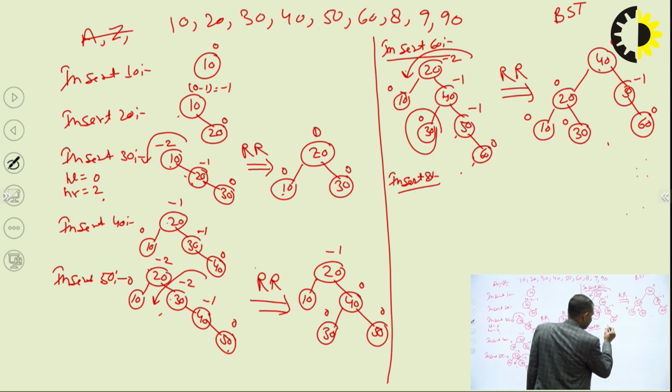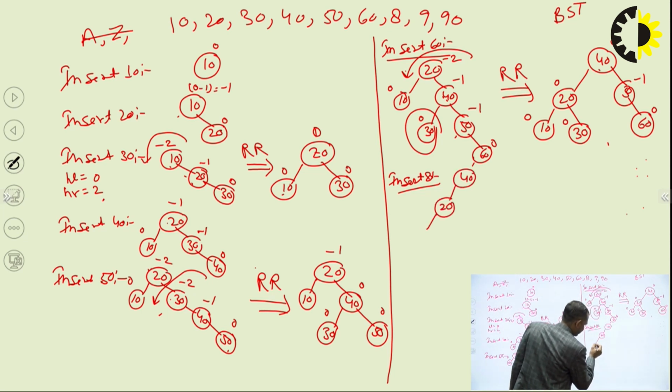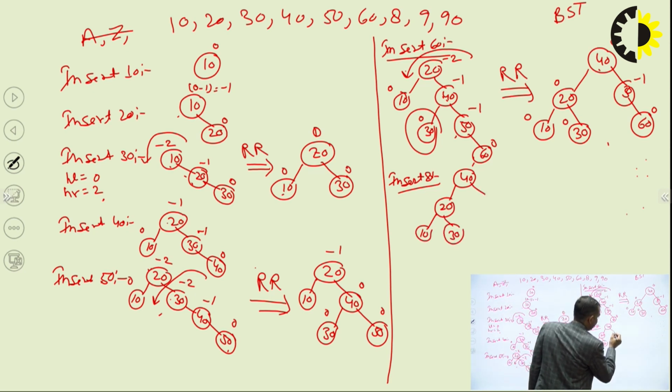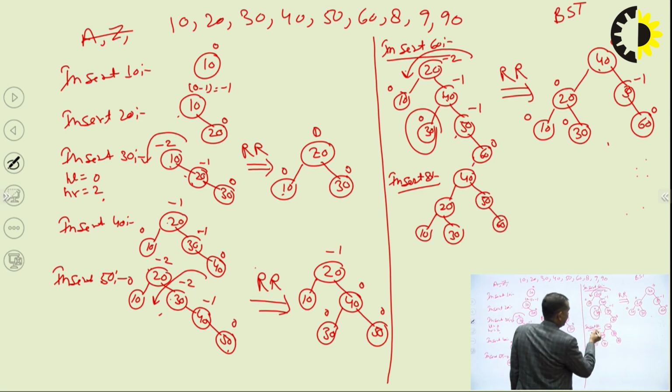Now we have to insert the value 8, and where will it go? Compared to 20 and 10, it is smaller. Firstly we draw the tree: 30, then 50, then 60. 8 comes here on the smaller side.